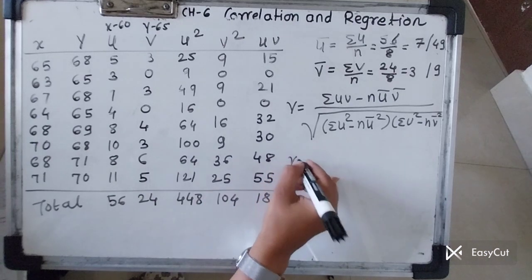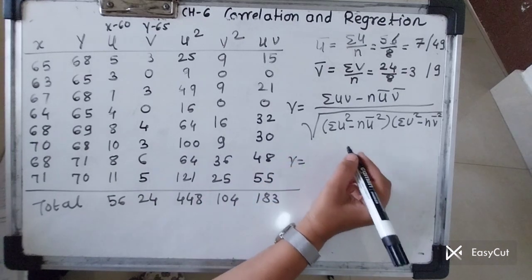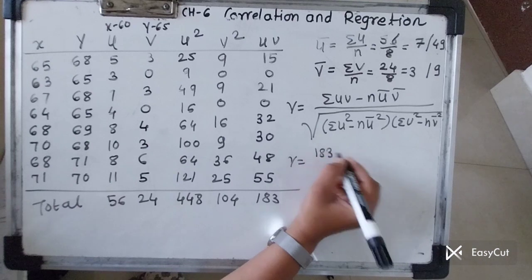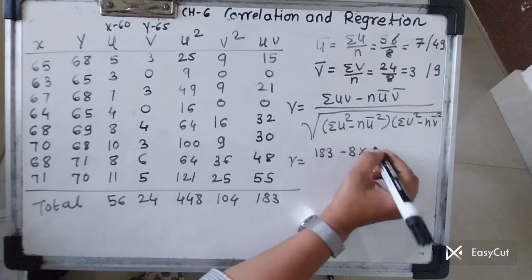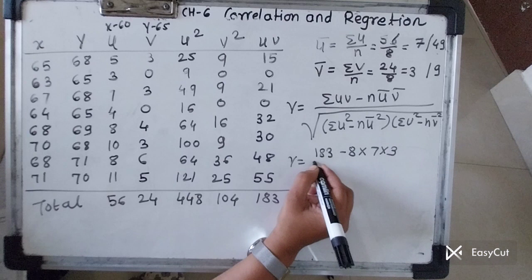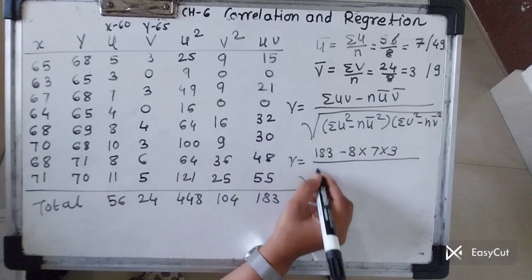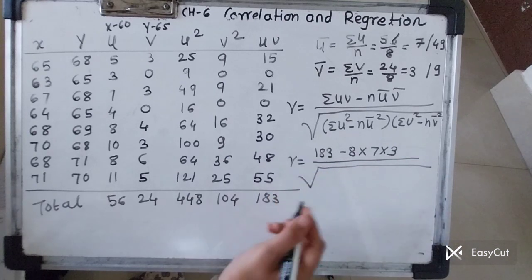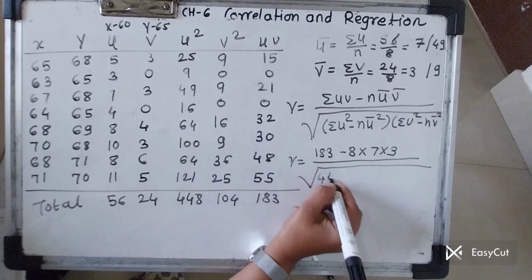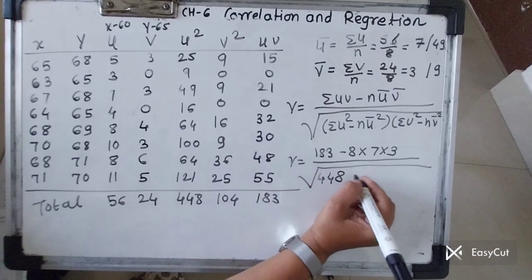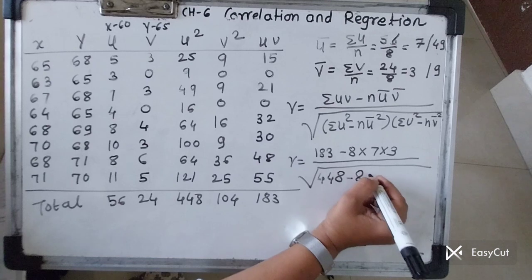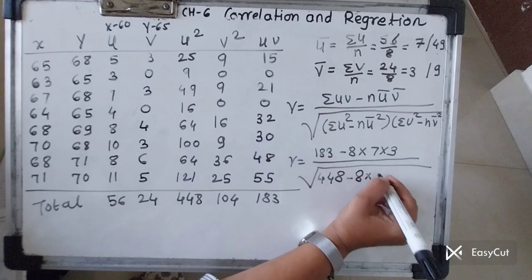Put all values. 183 minus 8 into 7 into 3 divided by under root, it is 448 minus 8 into 7 square, which is 49.